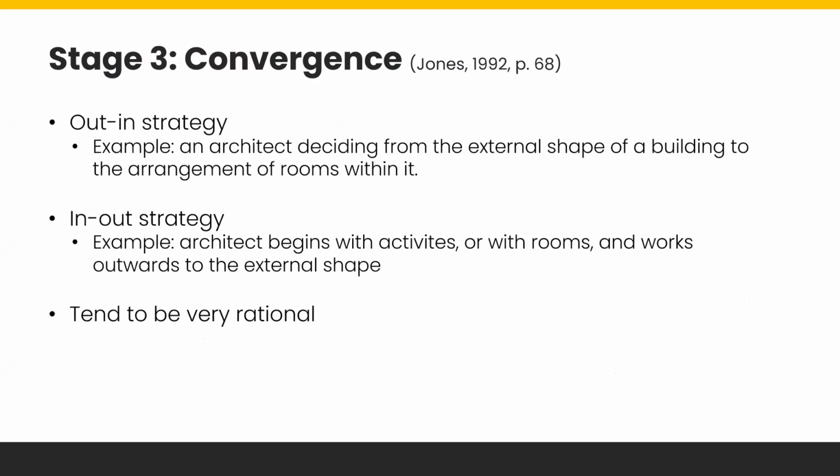Out-in strategy, for instance, the architect deciding from the external shape of the building to arrange of room within it. And in out, the architect begins the activity with rooms and works afterward to the external shape. Kamu yang mana? Do you know what is the two? What are the two category of this? In out or out in?